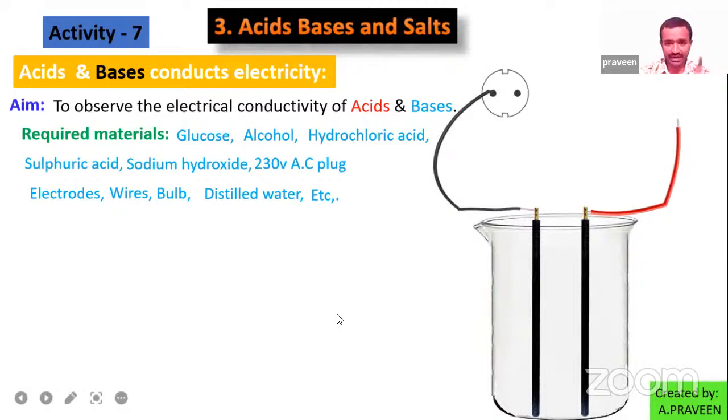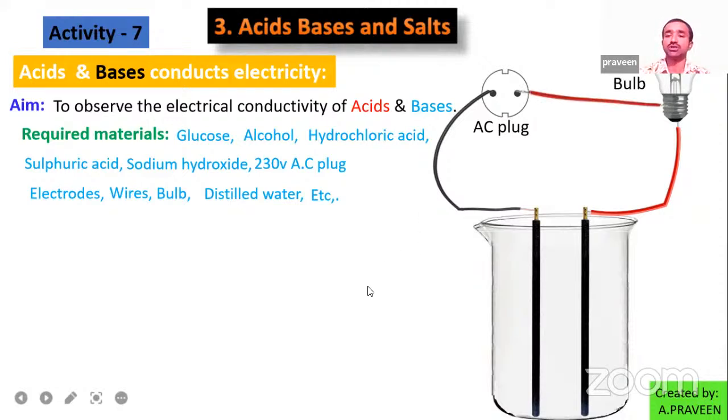One end, a black colored wire, connects to one terminal of the AC plug, then a red wire from the second electrode goes to the bulb terminal. Then the AC plug's second terminal and the bulb's second terminal are connected directly. You can arrange a switch also.